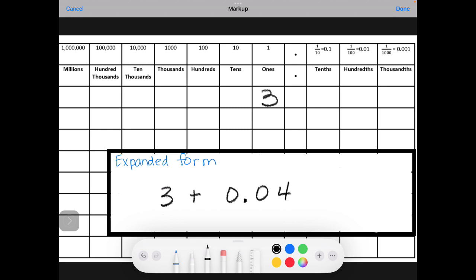Okay. Now, I see there's a decimal in the next numeral that I have in the next place value. So I'm going to go ahead and put that decimal in. And then I'm going to look. My next place value after the decimal is tenths. Is there a numeral in the tenths place? There's not. I'm only seeing a 0 and 4 hundredths.